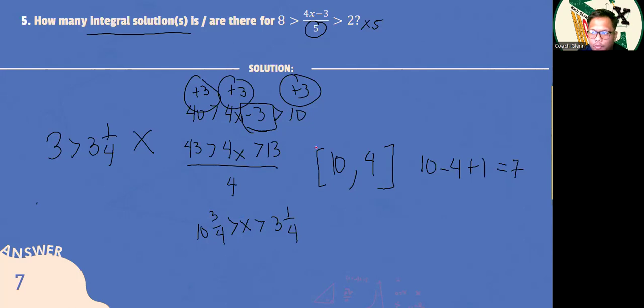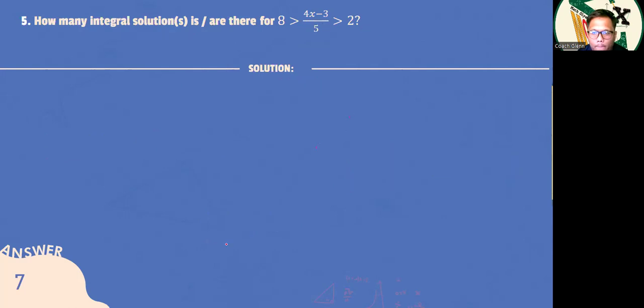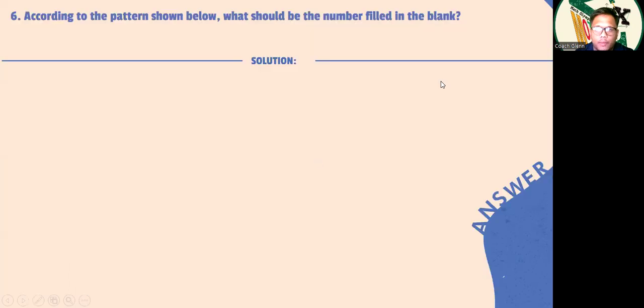So now let's move on to the next question. According to the pattern shown below, what should be the number filled in the blank? Okay, where's the pattern? Wait, let me just check the question because the pattern is not showing.